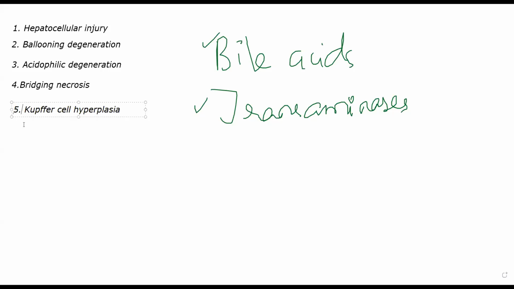So the first microscopic change you see during acute hepatitis will be hepatocellular injury, specifically in the third zone, zone 3, centrilobular region. Wahan se you will also see ballooning degeneration, acidophilic degeneration, sometimes bridging necrosis will be present. Kupffer cells will undergo hyperplasia.